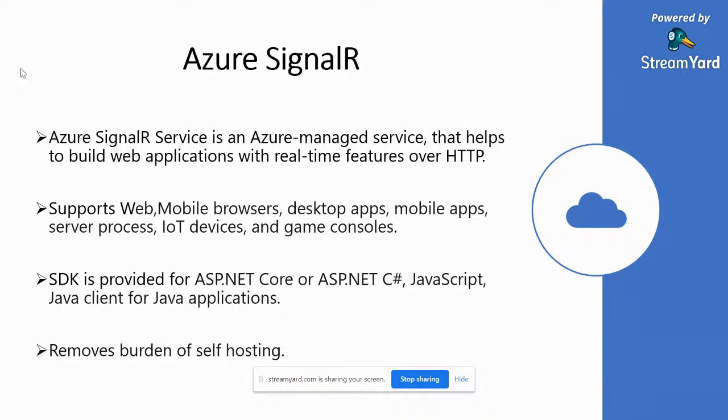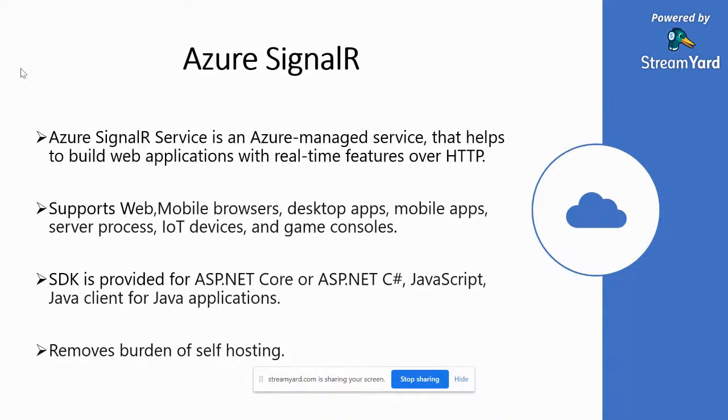Coming back to SignalR, it supports applications that can be deployed on web and mobile browsers, desktop apps, mobile apps, IoT devices, and you can also use it for gaming apps. Azure SignalR service provides an SDK which suits not only the homegrown Microsoft technologies.